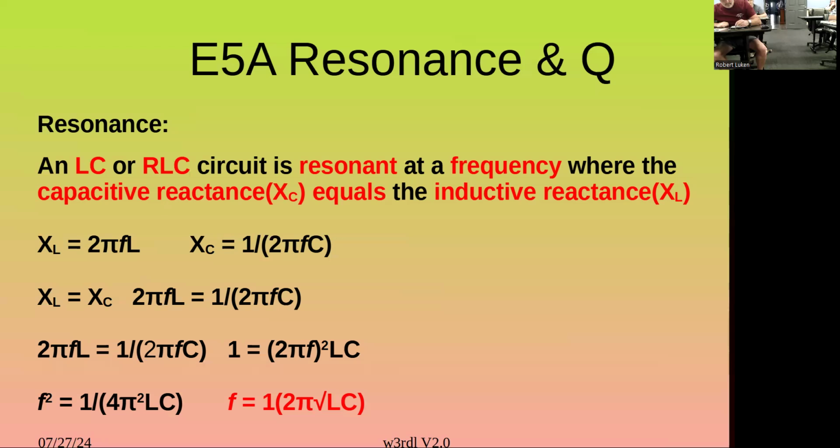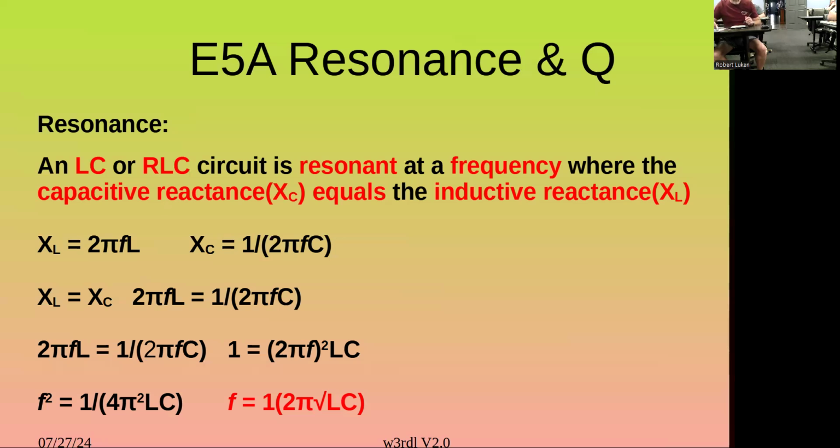And if you remember from the basic stuff, the inductance is really a measure of the amount of energy stored, and the capacitance is the amount of energy stored. In one case, it's in a magnetic field. The other case, it's an electrostatic field.